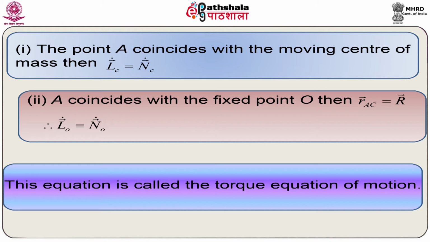Here, as the point A coincides with O, the result has been written in terms of suffix O, that is, the rate of change of angular momentum of the system with respect to the origin O, or with respect to the moving center of mass C, is equal to the resultant of the external torque about O or C respectively.